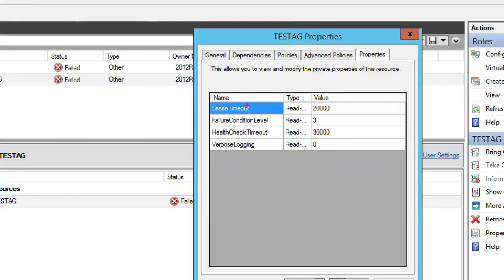If you see here, the lease timeout by default is 20,000 milliseconds. That is 20 seconds, right? So by default, it is 20,000 milliseconds.